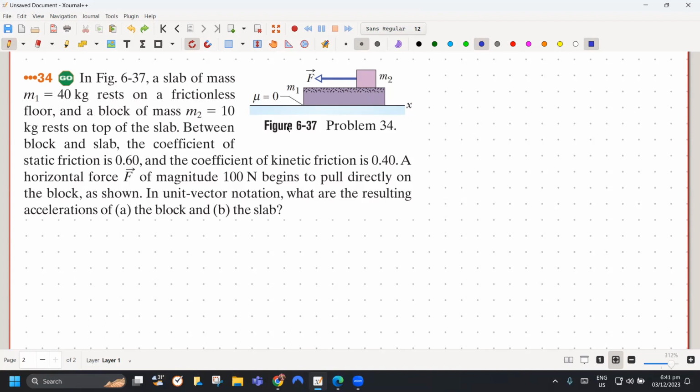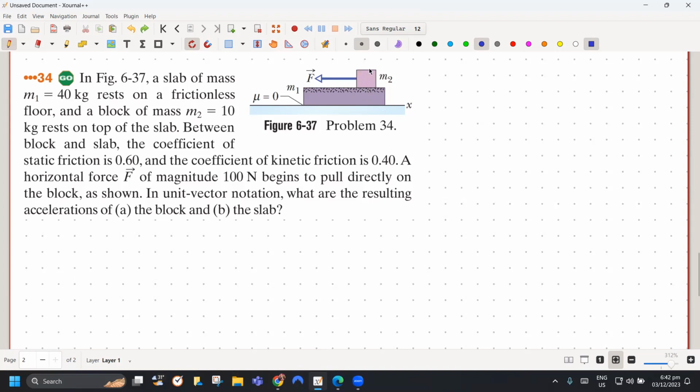What we want to examine is the behavior later: what if the 100 newtons were a different value? What if it were only 10 newtons? What if 1,000 newtons? How, theoretically, does the problem change?